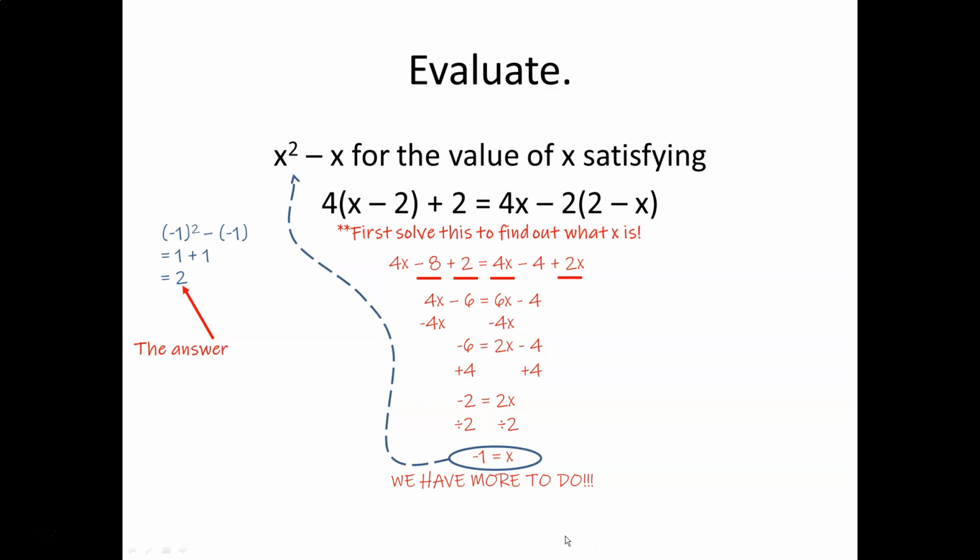The answer is 2. That's our answer to the problem. So first you solve the big equation to find out what x is, and then you plug x in to find the answer. So it's a little bit tricky.